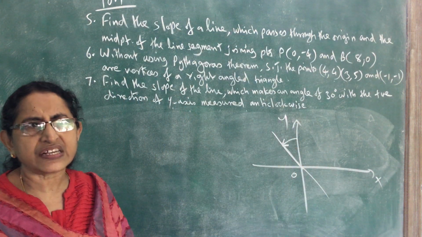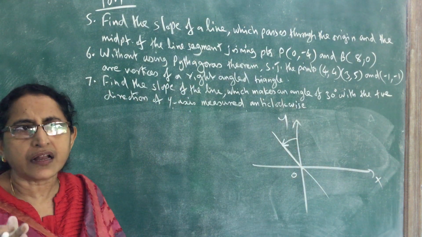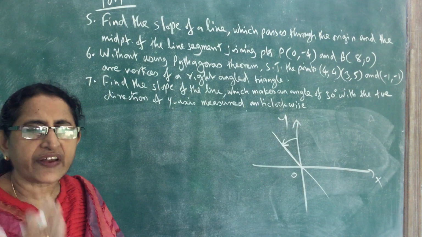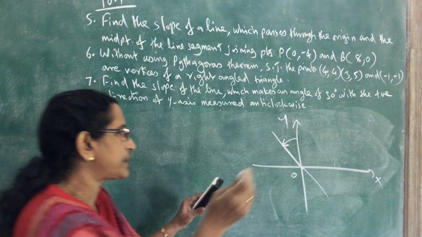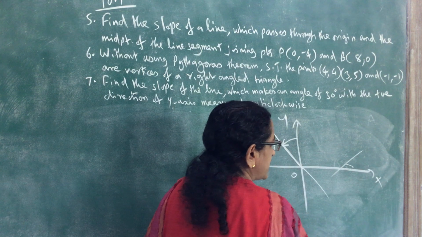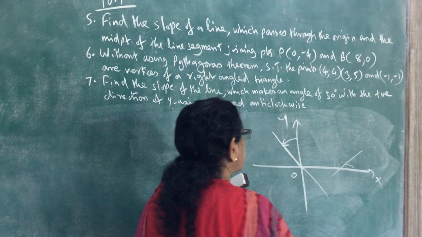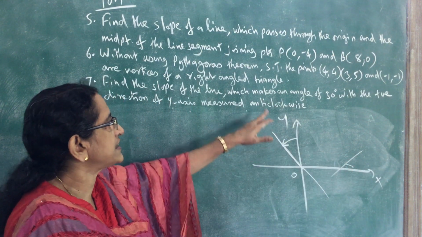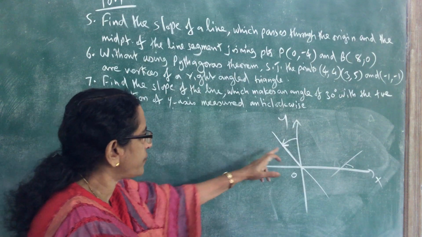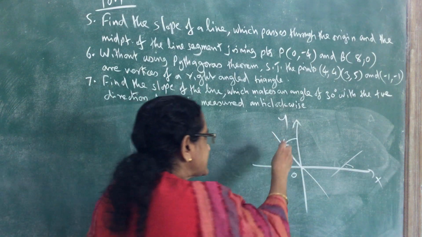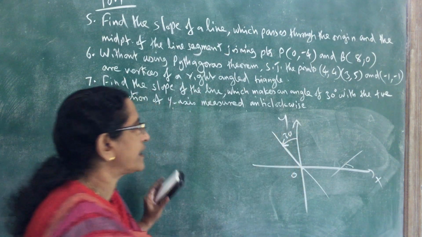Suppose when we say a line makes angle 30 degree with the positive direction of x-axis anti-clockwise, that means we measure this way, like this we write. Similarly, this line makes angle 30 degree with the positive direction of y-axis, means this is the angle. So this angle is 30 degree.